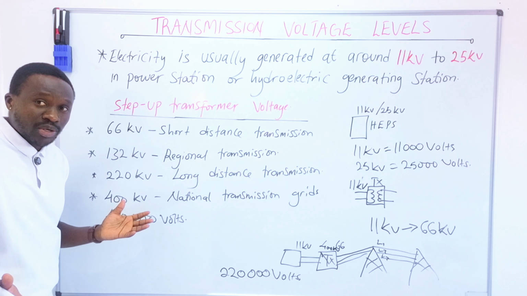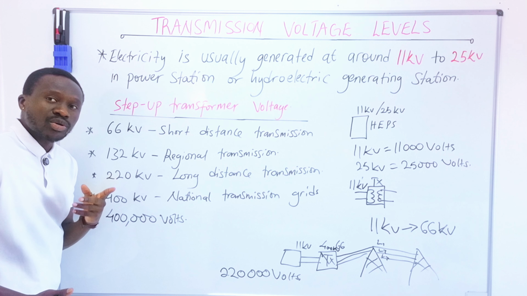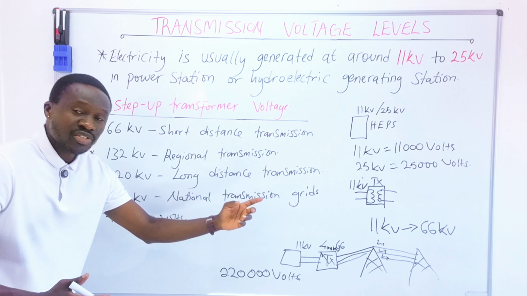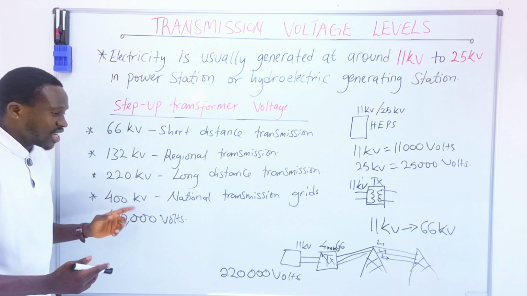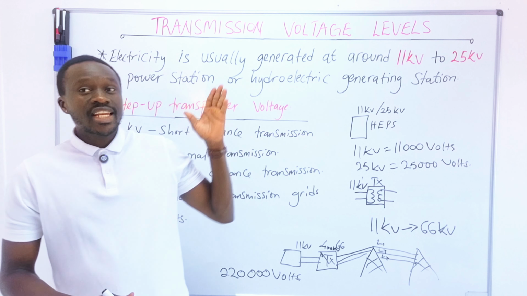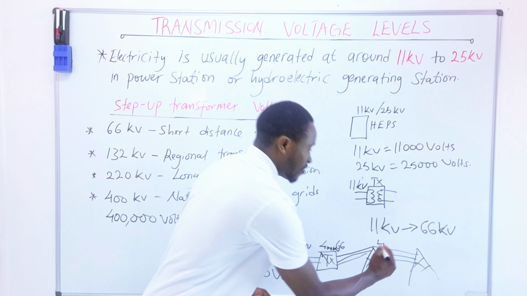Which type of transformer you want to use? It depends. Or 132 kV regional transmission, long distance. It depends. National transmission grid. Okay, now we are going to step this voltage up so that it is on the transmission line at 400 kV.